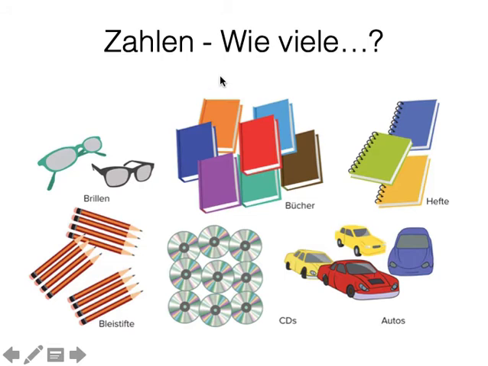So I ask you the question and you tell me the answer. Wie viele Brillen sind das? Das sind 2. Wie viele Bücher sind das? Das sind 7. Wie viele Hefte sind das?